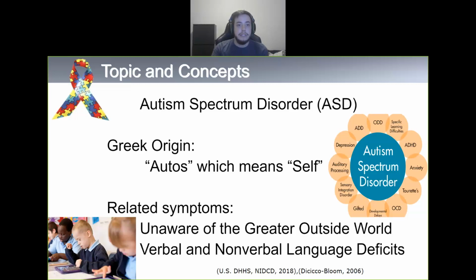Scientists in the 1970s knew that ASD was linked to genetics when it was first studied on twins with ASD, and they found that it was highly heritable, though they found that genetics did not account for all of the causes of ASD.